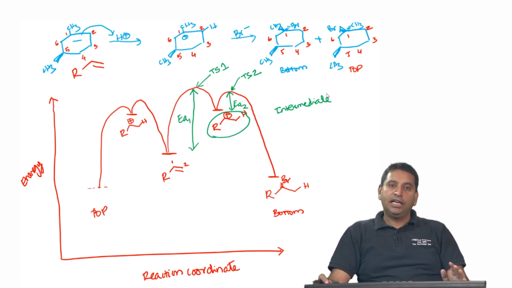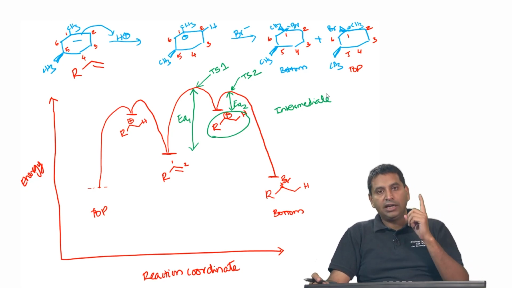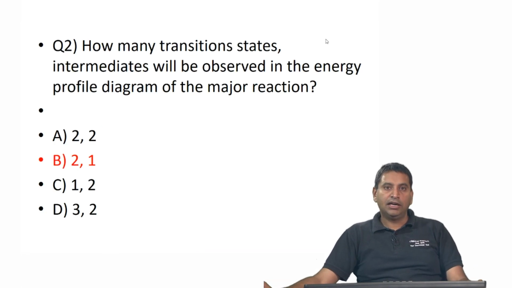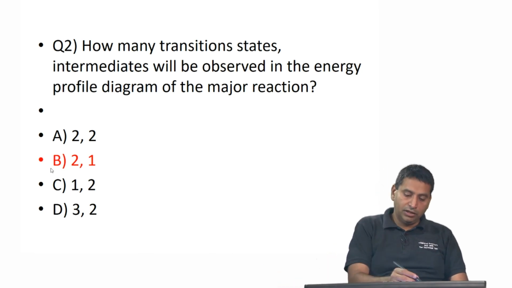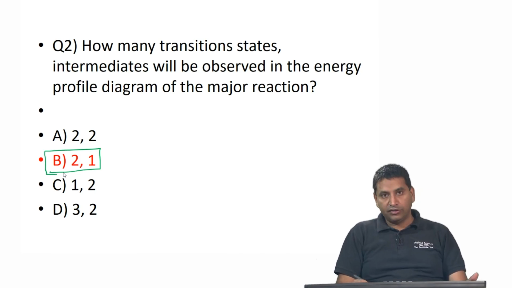Therefore, in either of these cases, we are still going to deal with two transition states and one intermediate. Let us go back to the question, and the question is how many transition states and intermediates will be observed in the energy profile of the major diagram. So, the correct answer is there are two transition states and one intermediate.